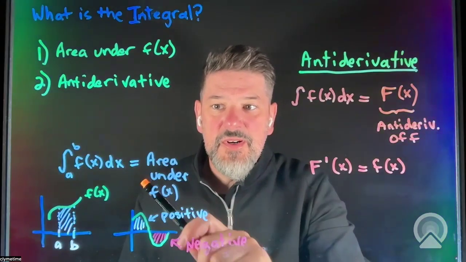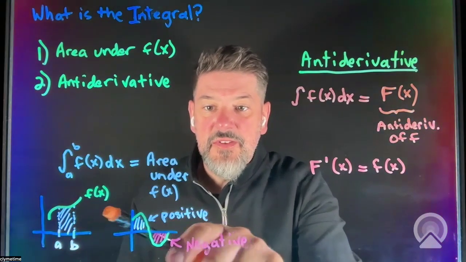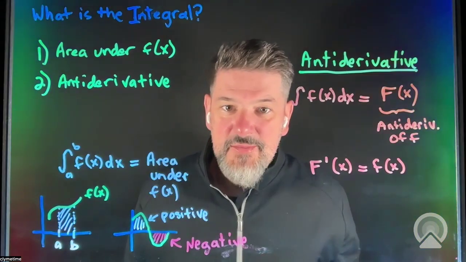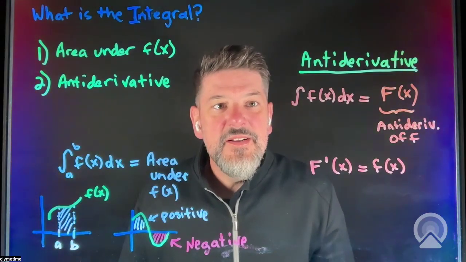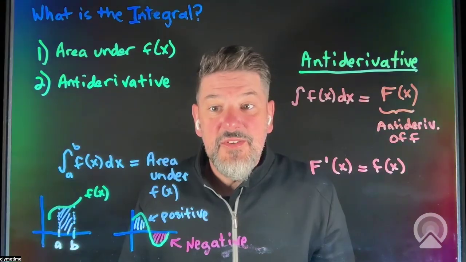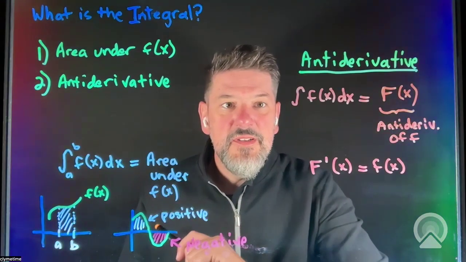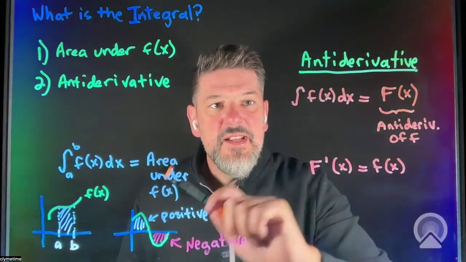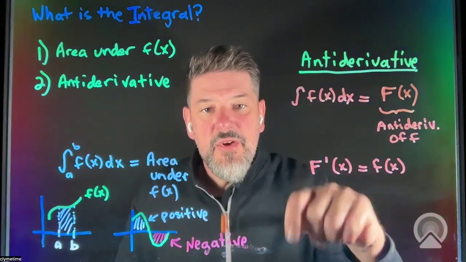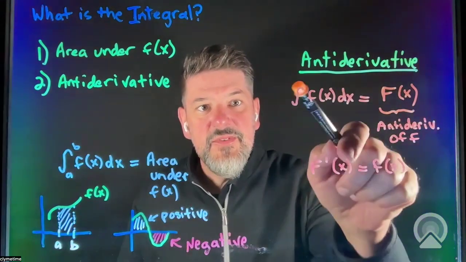So again, the integral has two parts. The first part is the area underneath the curve, and these parts do not seem related to each other, but they are connected, and it's both parts of the integral. So area underneath the curve is one part of the integral, and the second part of the integral is the antiderivative. That means if I want to go backwards from a derivative, I do the integral.